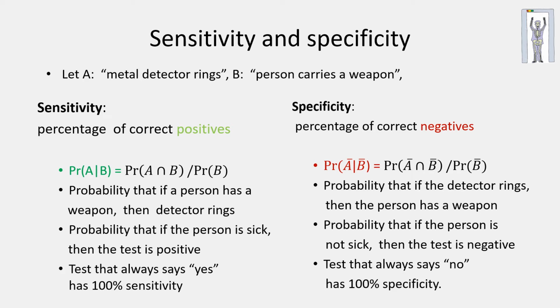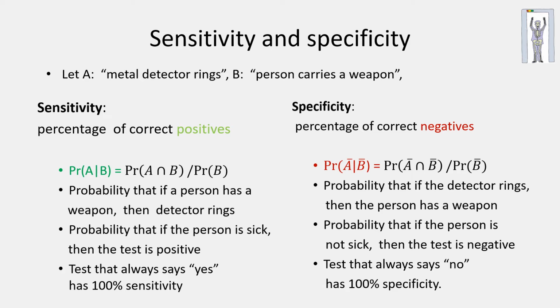And in this case, sensitivity would be the probability of A given B, or the percentage of the number of correct positives over all the positives.